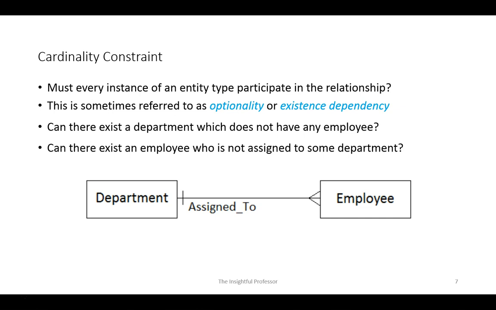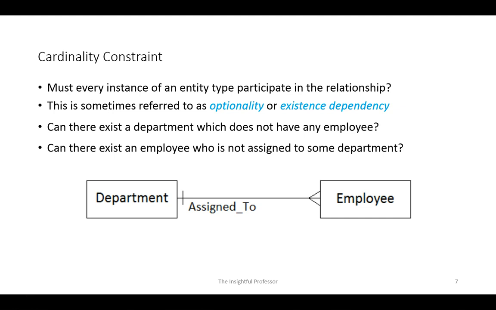Is there always at least one entity instance, or could there be zero? We need some way to distinguish between an always situation and a sometimes situation.